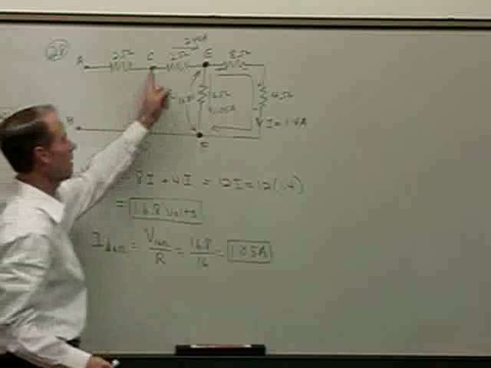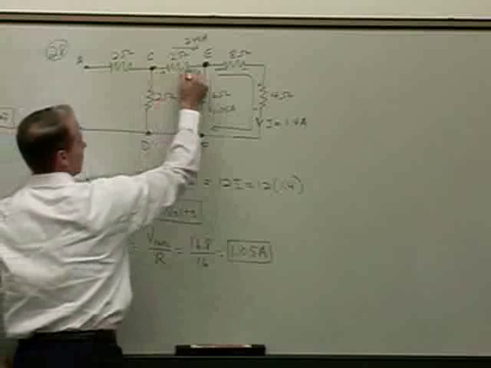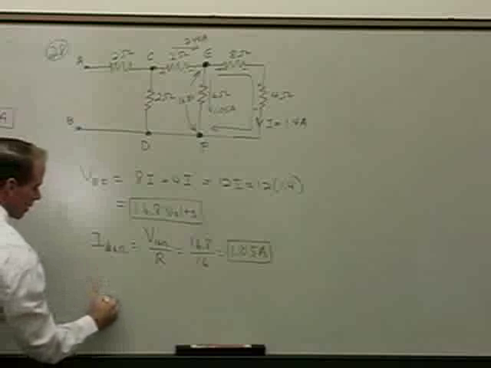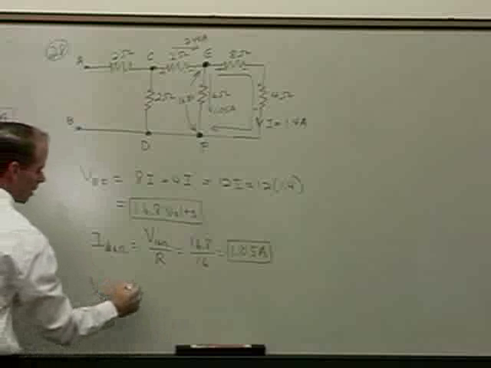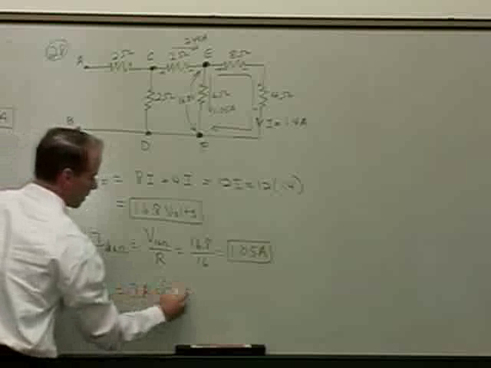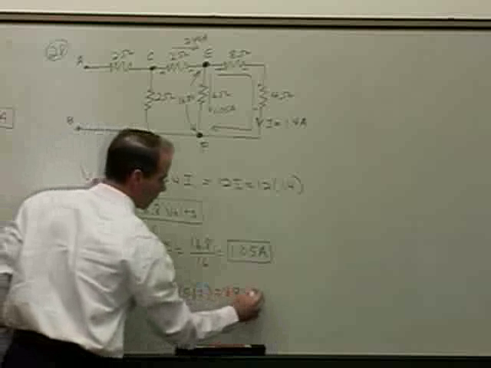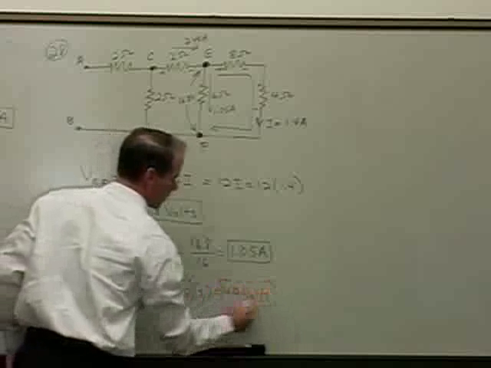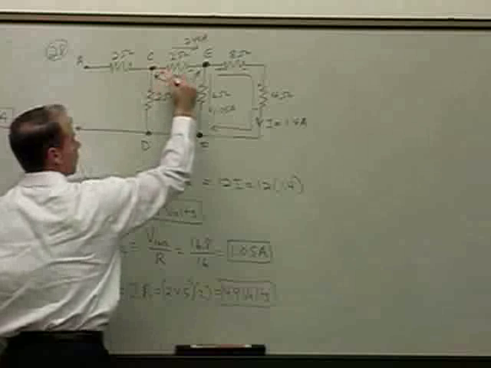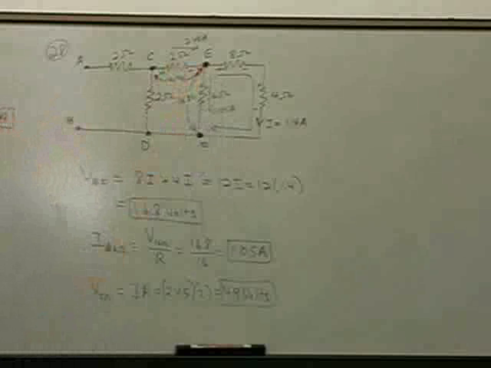So I have 2.45 amps going through this 2 ohm resistor up here. Let's mark that resistor. And so the voltage across that 2 ohm resistor up there on top is, by Ohm's law, current times resistance, 2.45 amps times 2 ohms, which would be 4.9 volts. There is 4.9 volts between those 2 points.